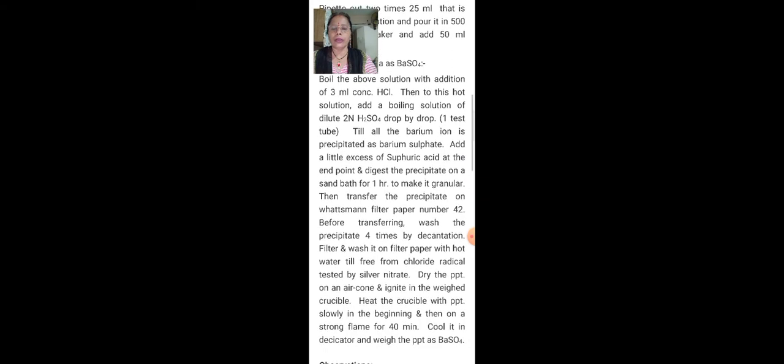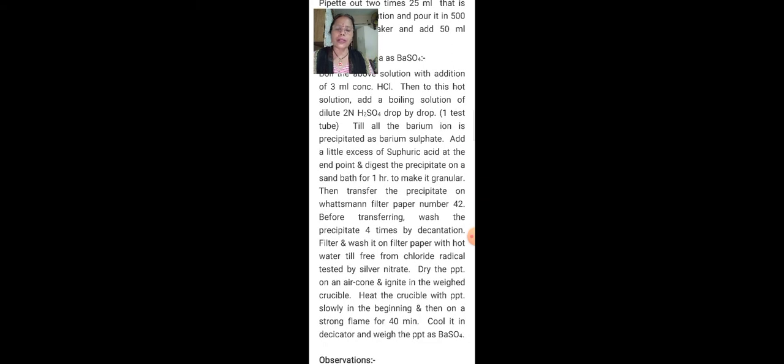Filter and wash it on the filter paper with hot water till free from chloride. The washings should be tested for chloride, because we added 3 ml concentrated HCl, so chlorine is present in it, and removing that chlorine is a very important step.